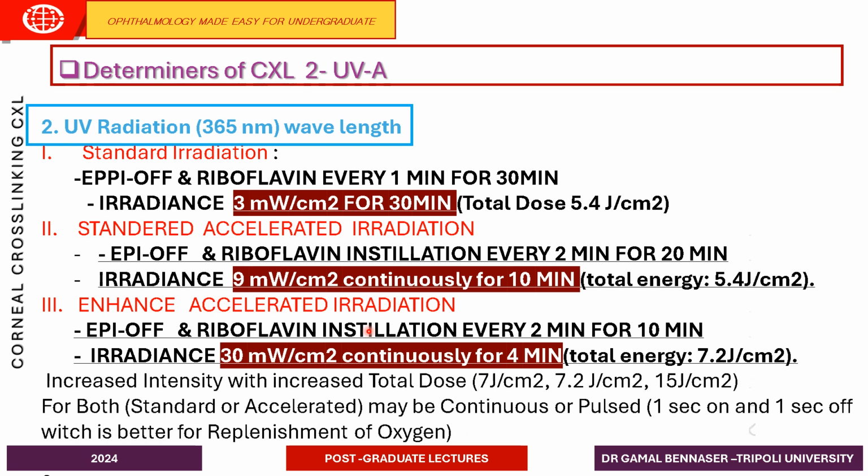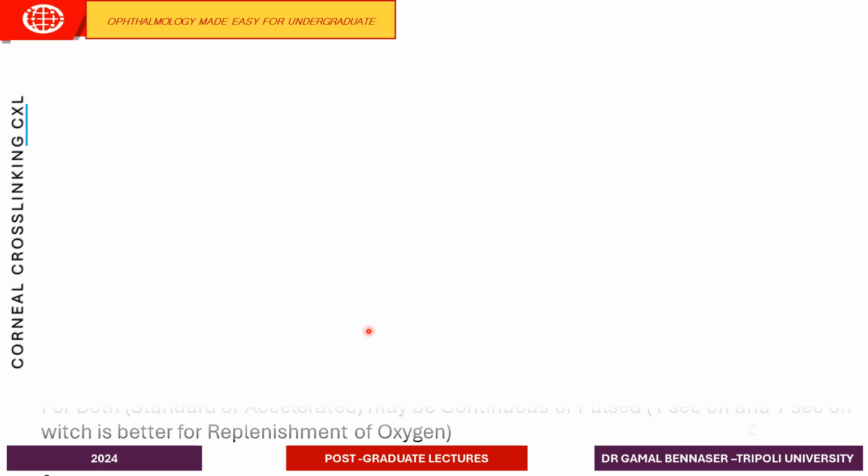So by enhanced protocols, we mean that we increase the fluence and the total energy, as well as the intensity of the ultraviolet. Also, we enhance the way of delivering the riboflavin, like the use of iontophoresis and the use of high concentrations of riboflavin.